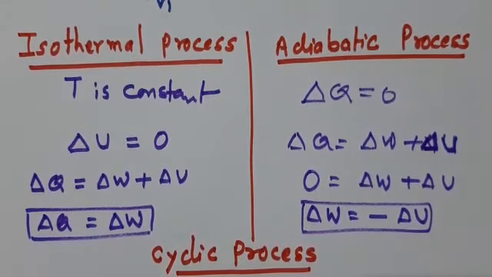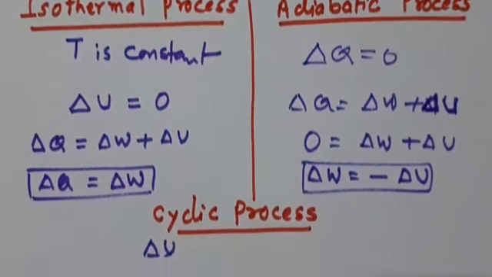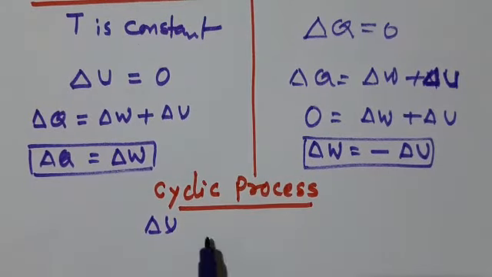In case of cyclic process, delta U equal to 0. In cyclic process, there will be no change in internal energy, delta U equal to 0.